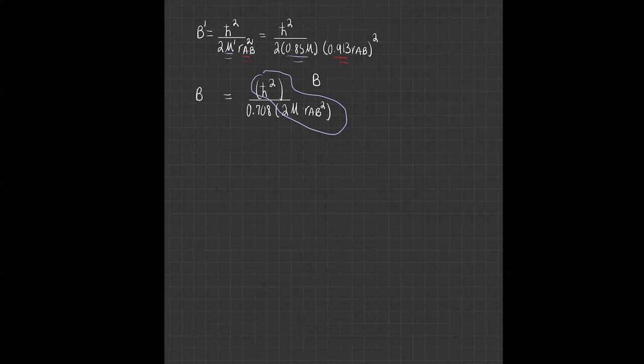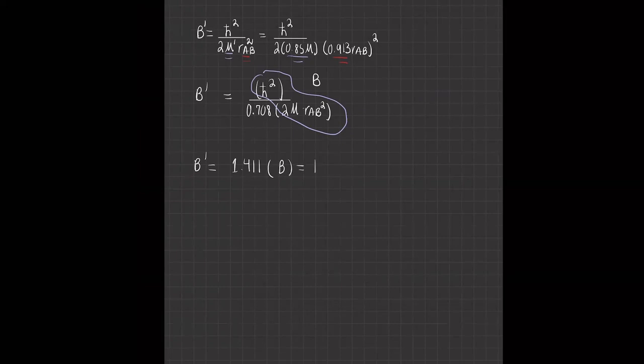And so what you're going to find is that the new rotational constant is going to be equal to 1 divided by, let's put this to -1. This is going to be equal to 1.411 times the old rotational constant.